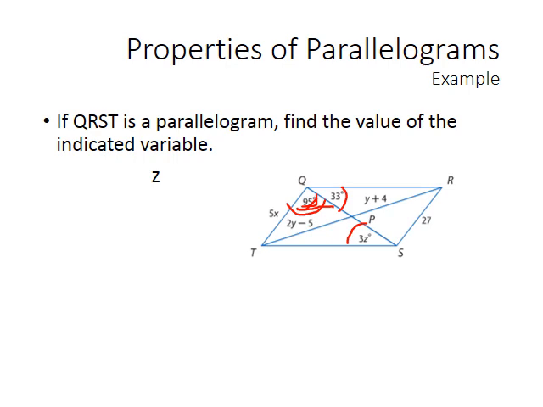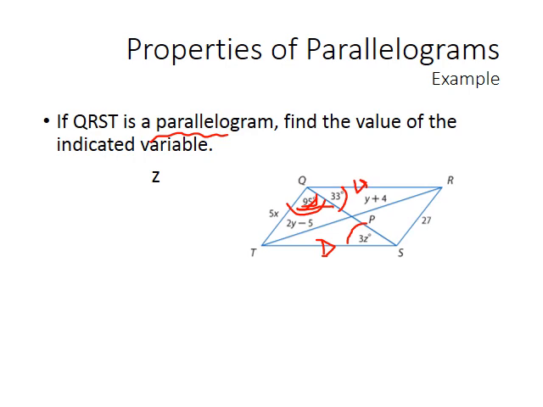Okay, we know QRST is a parallelogram. Key part of that word being parallel. We always know in any parallelogram, opposite sides are parallel to each other. And where there are parallel lines cut by transversals, we have special angle pairs. The key angle pair here is the 33 and 3z.